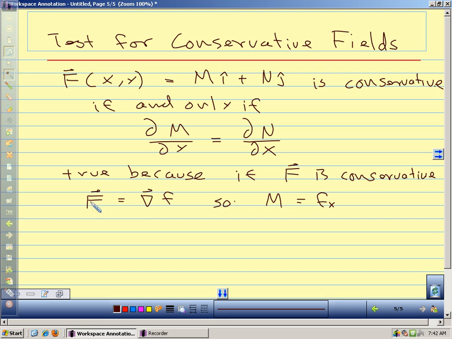In order to get my vector field, I take the gradient of f. And N is the partial of f with respect to y. And f sub xy is the partial of M with respect to y, and f sub yx is the partial of N with respect to x.